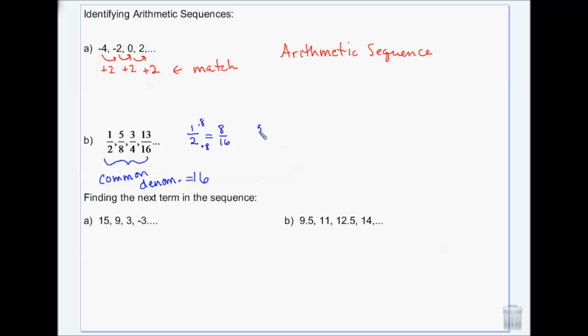To give 5/8 a denominator of 16, I'm going to multiply by 2, so it's going to give me 10/16. To give 3/4 a denominator of 16, I would multiply by 4, and that's going to give me 12/16. So rewritten, I'm going to have 8/16, 10/16, 12/16, and then 13/16.